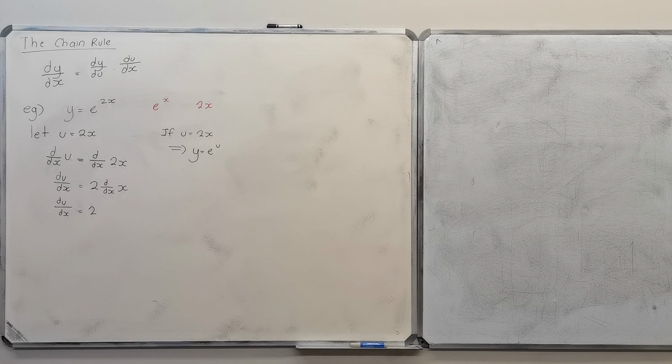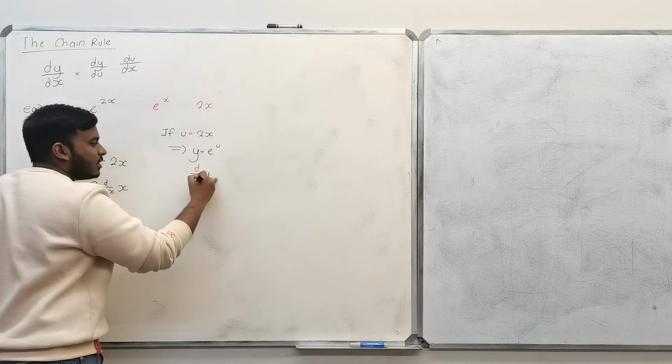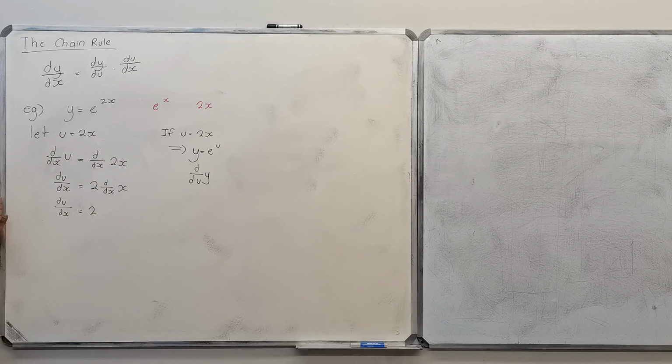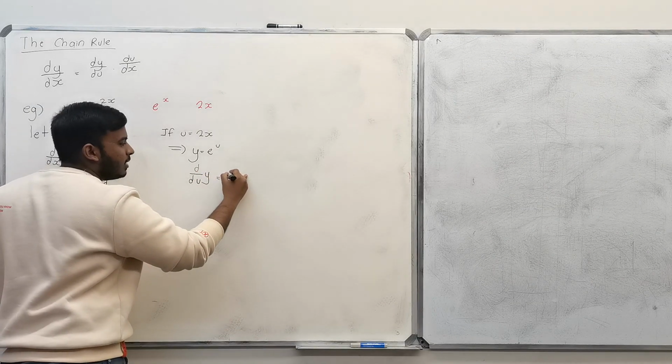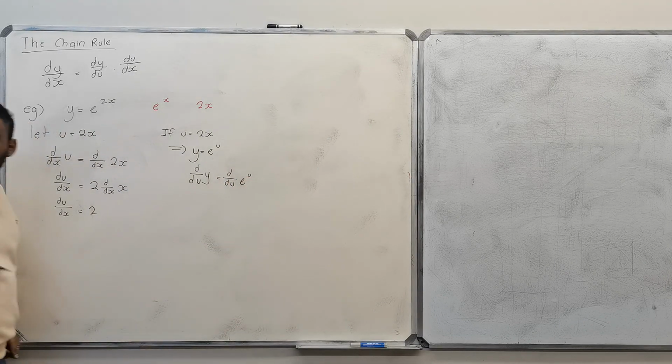e to the power 1 would give you a value, e to the power 2 would give you a value. y's value is dependent on the value of u, which makes u the independent variable. So when you're differentiating, we are differentiating equation y with respect to u, your independent variable. So on this end, you will differentiate with respect to u of e to the u.